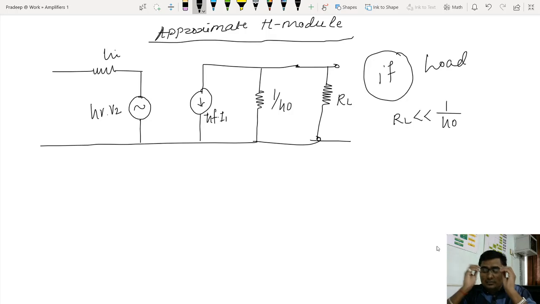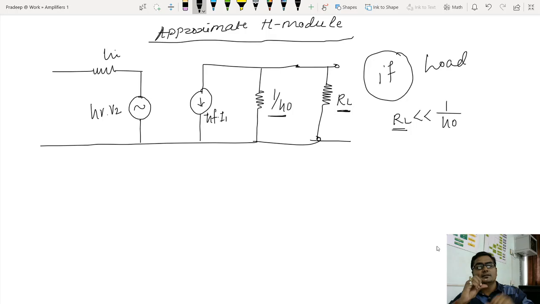Understand that? So now, if RL is less, now look at this, this value is small. The small value is in parallel with the large value. Remember the network analysis thumb rule. If a large value of resistance is in parallel with a small value of resistance, then what will be the equivalent impedance?